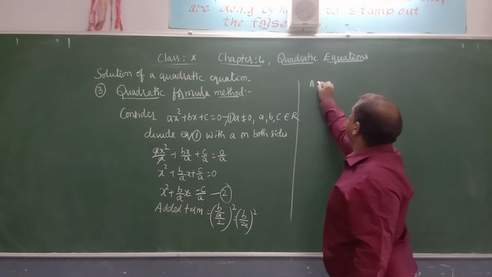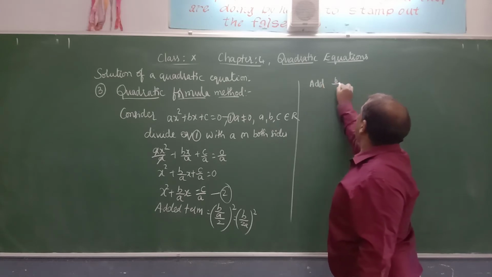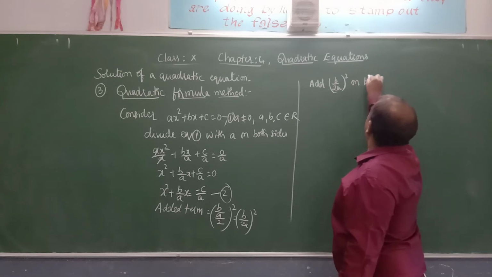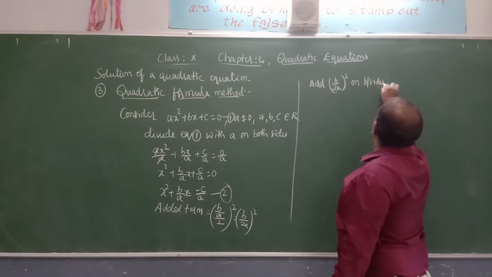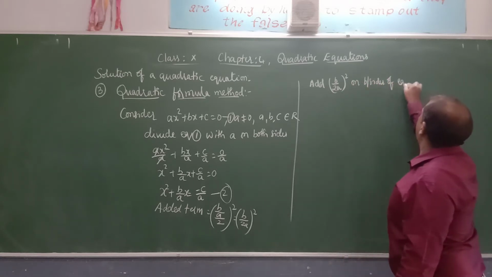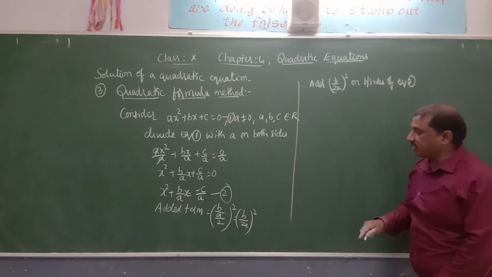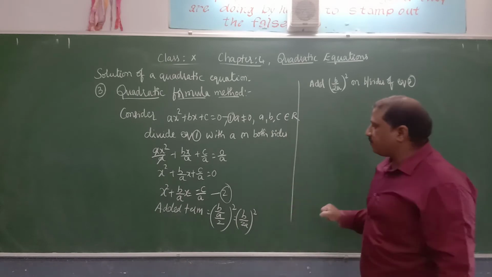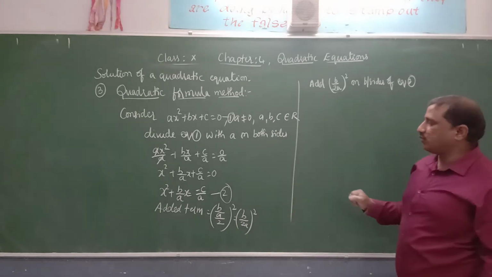Now add b by 2a whole square on both the sides of equation 2. So what is equation 2? It is x square plus b by a x is equal to minus c by a.